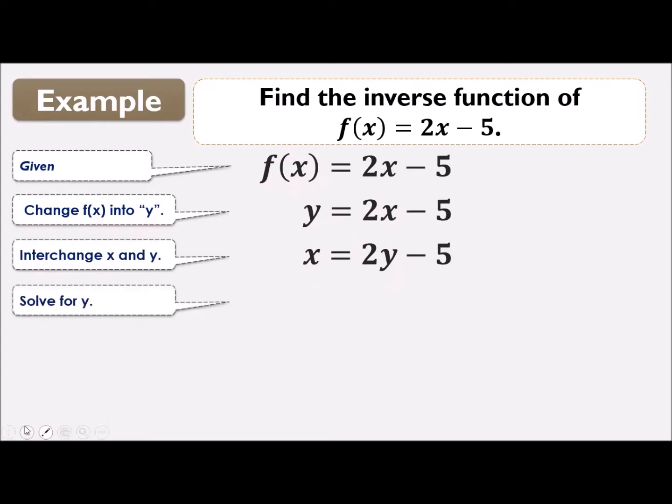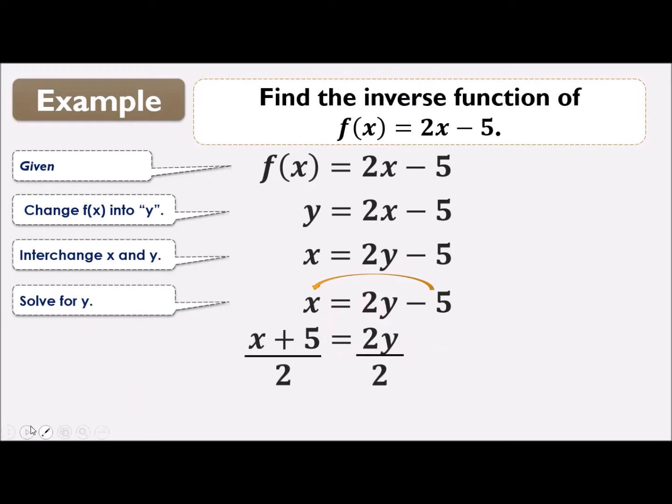And then, solve for y. Kailangan, y lang ang matira sa isang side. Kumbaga, solve for y in terms of x. So for that given, transfer lang natin, or yung addition property of equality, add 5 on both sides. So we will have x plus 5 is equal to 2y. And then we're going to divide it by 2 because our goal is to make only y here.